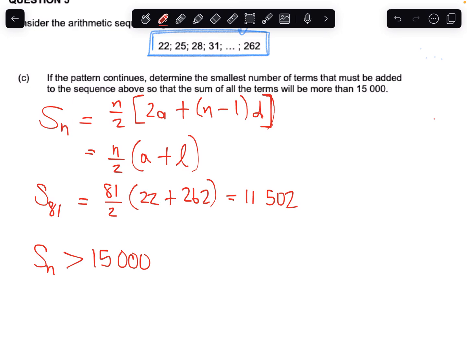We don't know what n is, so we're going to say n over 2. We don't know what the last term is because we don't know how many terms we're adding up, so we're going to use this formula: 2a plus (n minus 1)d. When does that become 15,000?